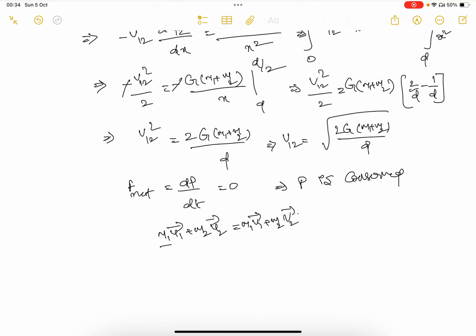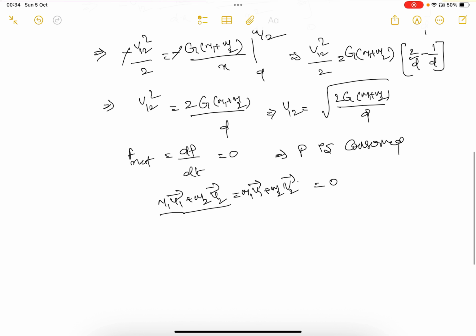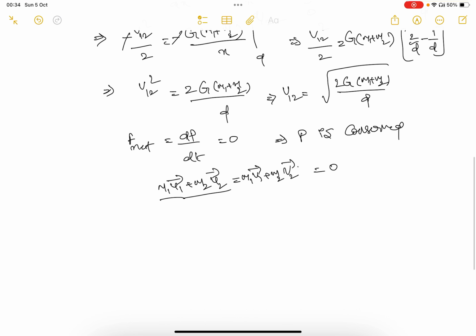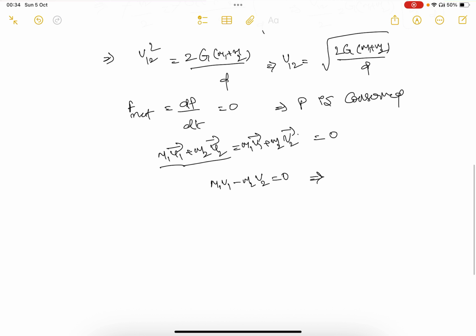As at the beginning these two are at rest, this will be 0. As v2 bar and v1 bar are in the opposite direction, I mean, they are on the same line, so we can take it as m1 v1 minus m2 v2 equal to 0. Then we need to figure out the velocity of v1, right?